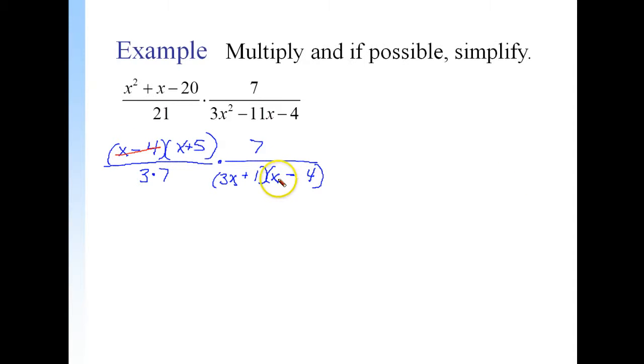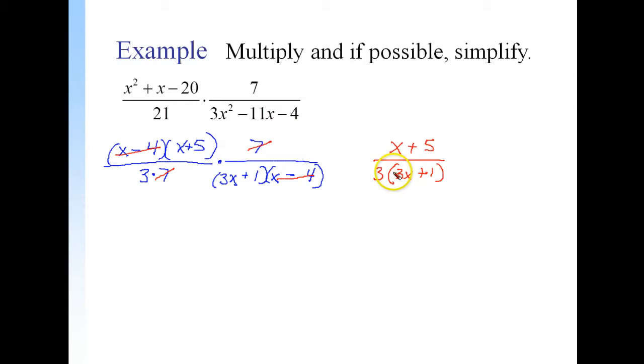So, to cancel out then, this will cancel with this. The 7 will cancel with this. And what are we left with? Well, we're left with, on the top, x plus 5. And on the bottom, we're left with 3 times 3x plus 1.